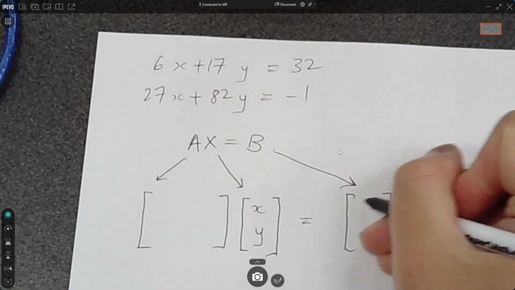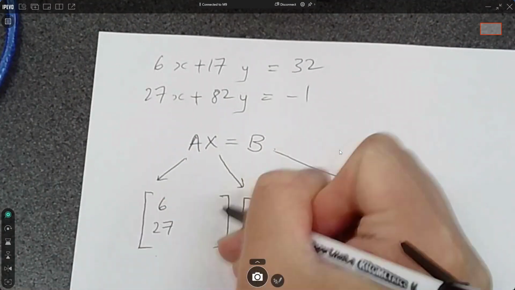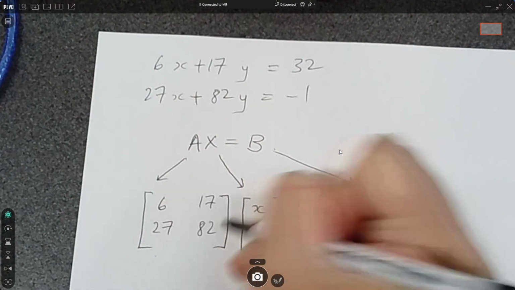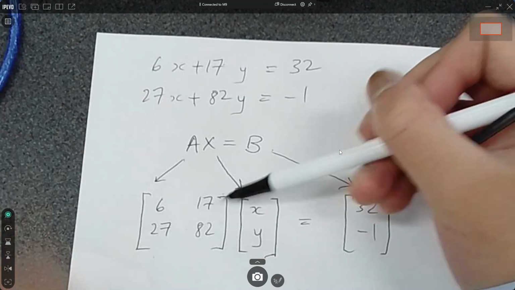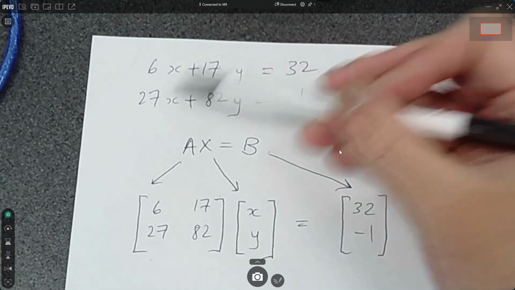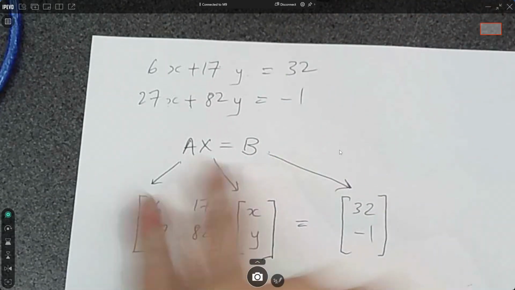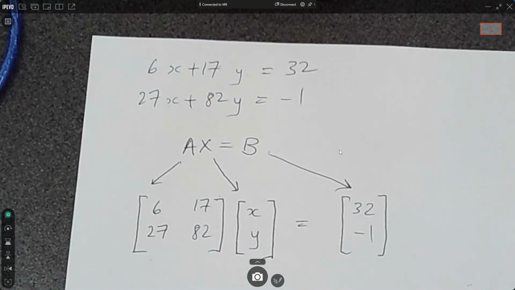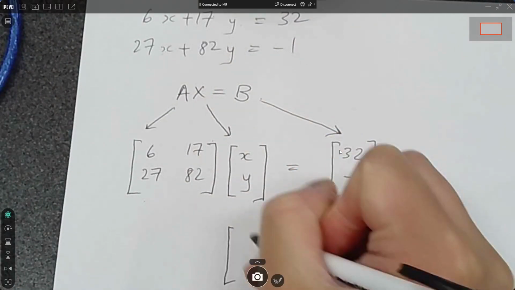And capital A? Okay. Notice that the order of numbers is staying the same because I've got X and Y lined up correctly. So when I multiply these two matrices, the order will stay the same here. Okay? Once you've got this, you can just write this straight away.